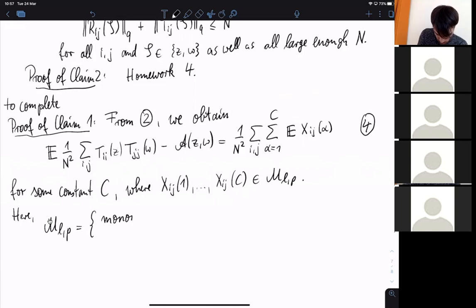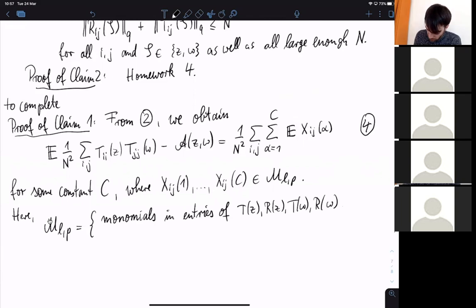So this is the set of monomials in entries of TZ, RZ, TW, and RW, and also delta. Each of these things here is a matrix, and then we take entries of them, and then we combine these entries into products, so into monomials.